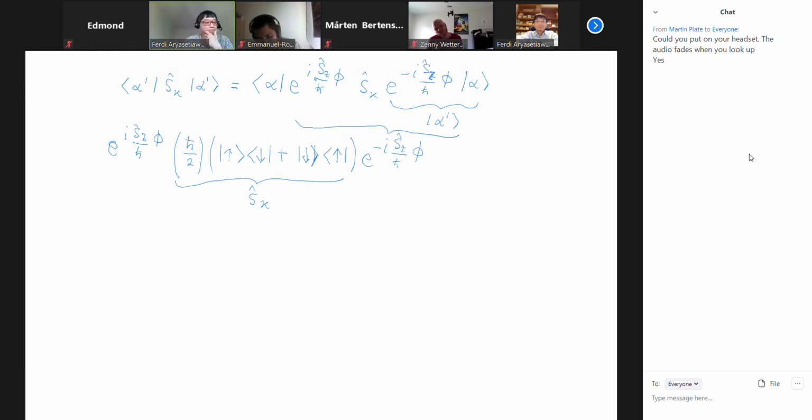The states up and down are eigenstates of Sz, so we can easily calculate this.